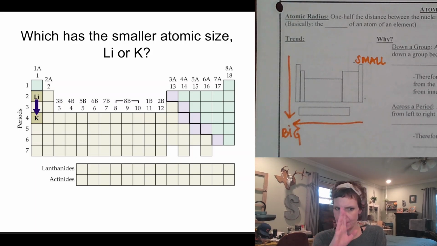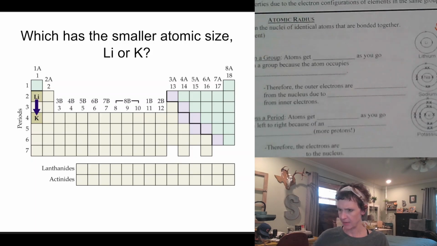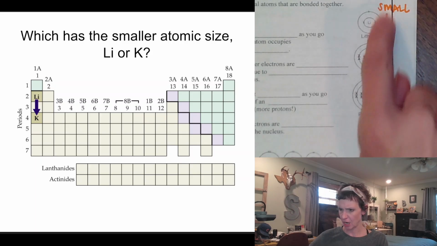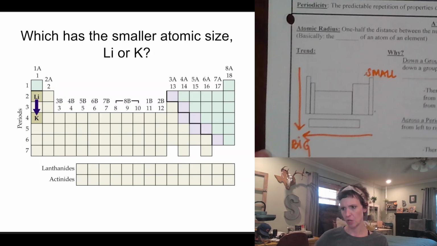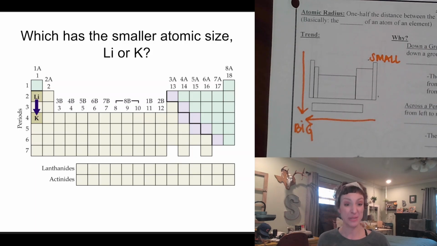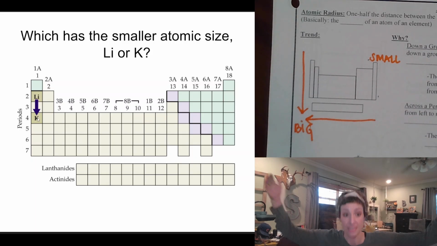Okay, next one. I'm comparing two things in a group, so my mind is already thinking to use this visual here to help me answer this question. We are looking at lithium and potassium. Which has the smaller atomic size, lithium or potassium? Well, we know as we go down a group, things get bigger because I'm adding energy levels as I drop down.